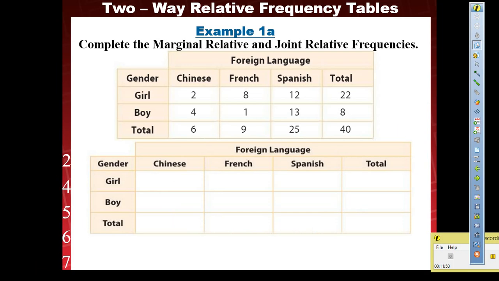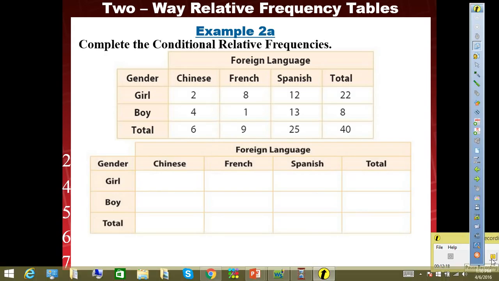Lock your toolbar. Now, before you do anything, I'm going to check to see if you understand the terminology. I want you to fill this table, but only the joint relative frequencies. Go. Only the joint relative frequencies. Copy that.